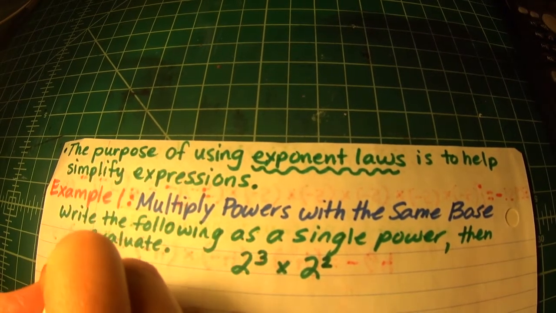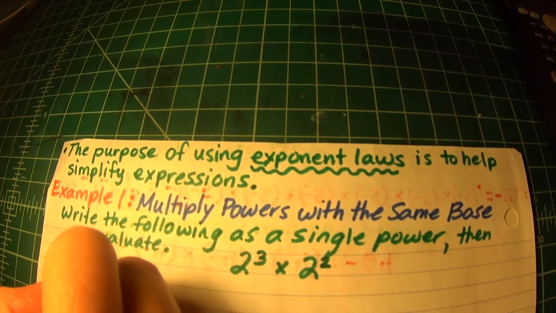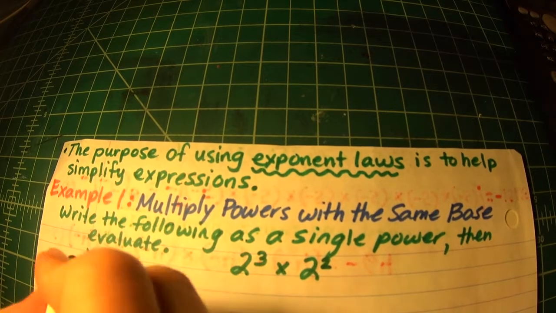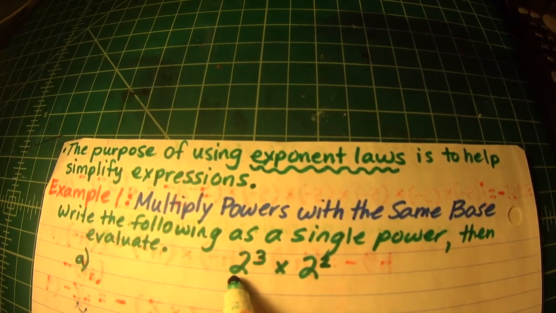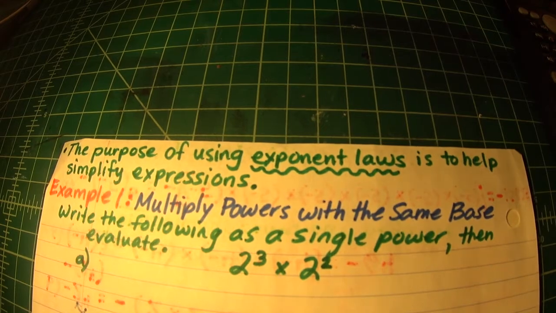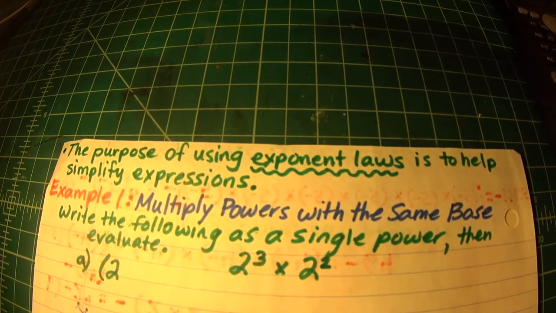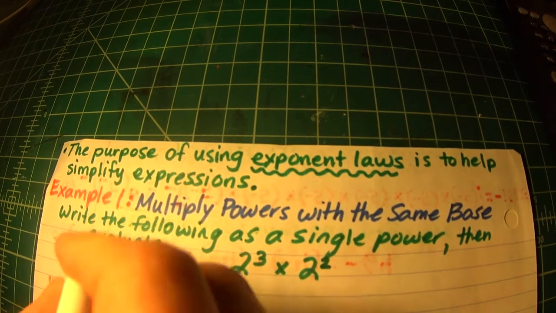So first thing, let's take a closer look at what we actually have here. Remember, the base is the number that gets repeated. The exponent is the number of times we multiply it by itself. So the first one here, 2 exponent 3. Base is what's going to get repeated, and exponent, how many times?